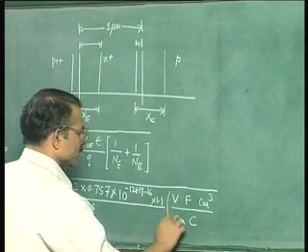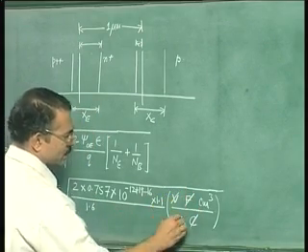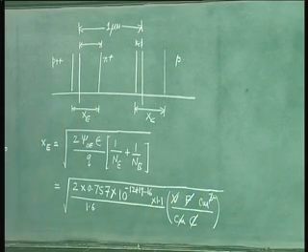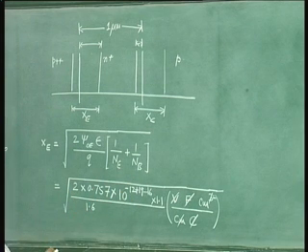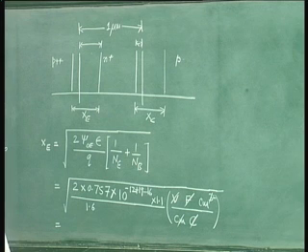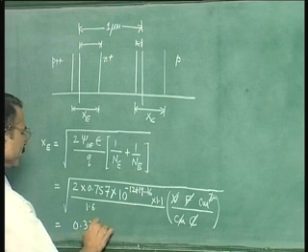So these are the units. You can see that farad into volt is coulomb, this cancels, this gives rise to centimeter square, so square root of centimeter square is centimeter. Now when you solve this, you will get 0.32 micrometer.